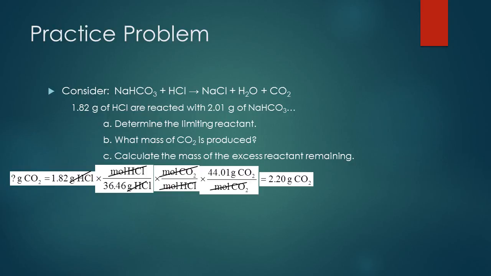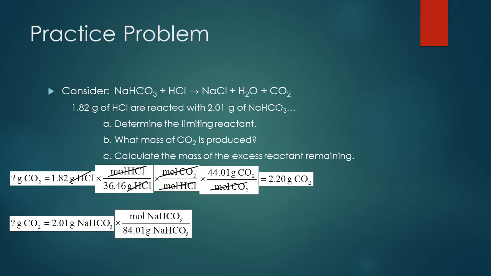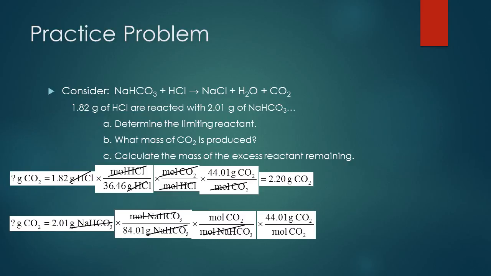I need to do the same thing with the other reactant, the sodium bicarbonate. So what mass of CO2 are we going to get from 2.01 grams of sodium bicarbonate? Gram-mole-mole-gram problem, using the molar mass of sodium bicarbonate, then our mole-to-mole ratio, and then again the molar mass of CO2. This gives us 1.05 grams of CO2.